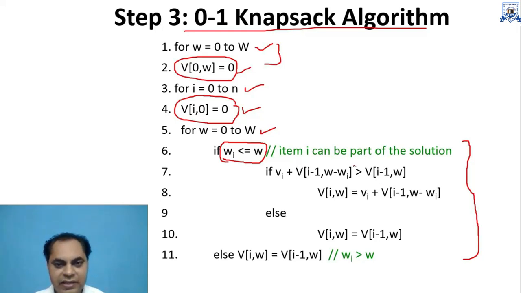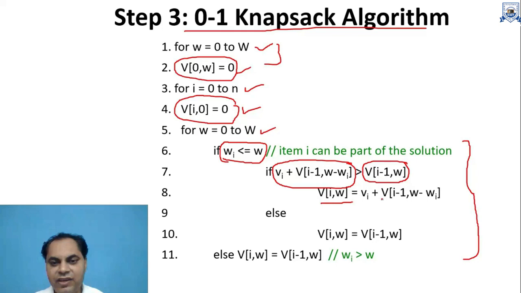You may pick that item or you may drop that item. This is the situation when you pick that item, and this is the situation when you drop that item. And based on which value is greater, you assign that value into V[i][W].